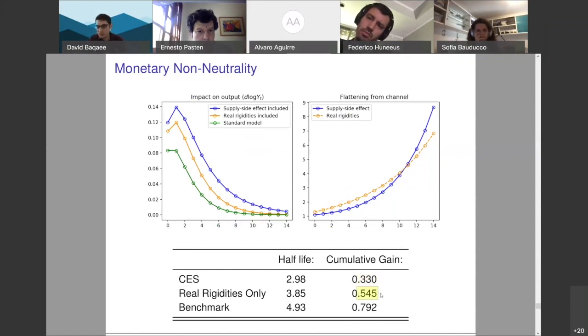It almost doubles when you add real rigidities, and it increases again by the same amount when you add the misallocation channel. So this mechanism is conceivably quite powerful if you put it in the model. If you think real rigidities matter, which a lot of people think they do, then these effects are roughly as powerful as those effects.